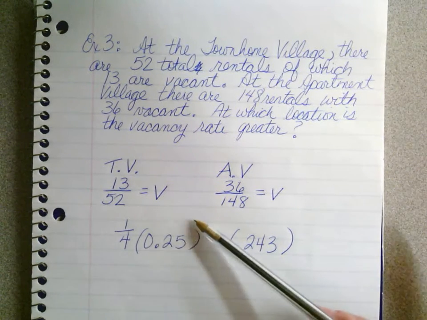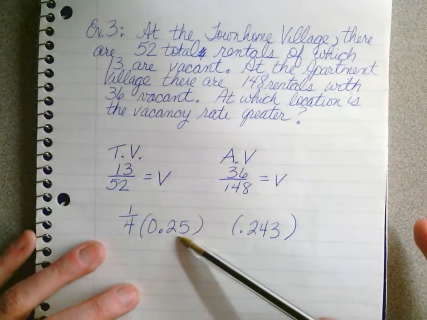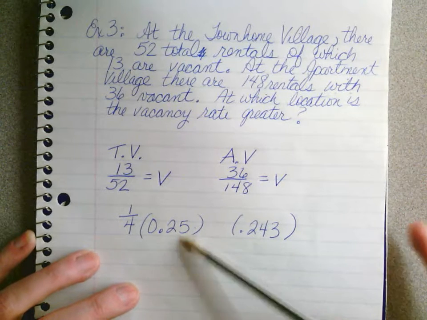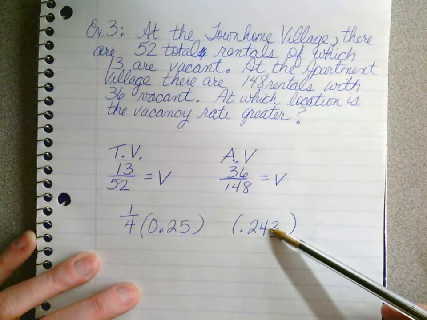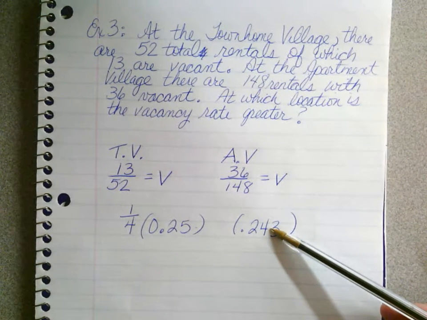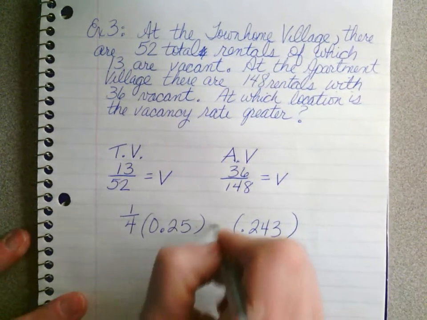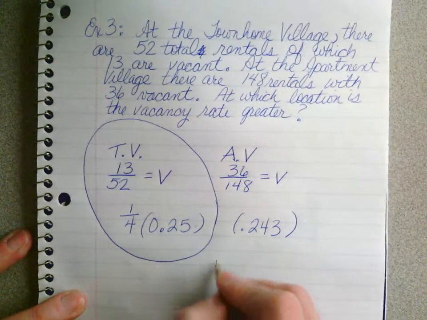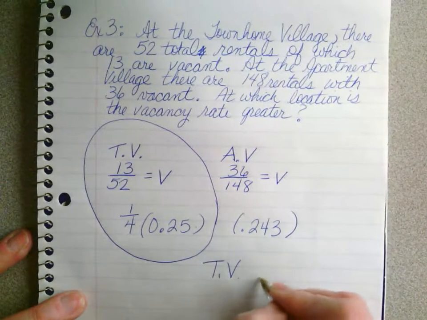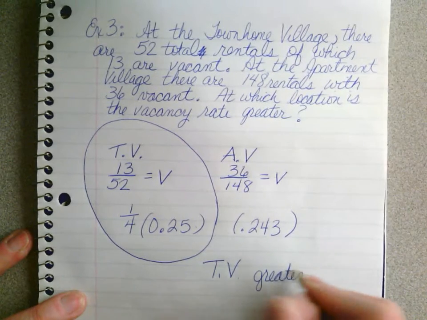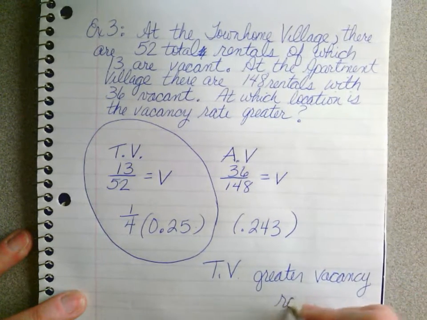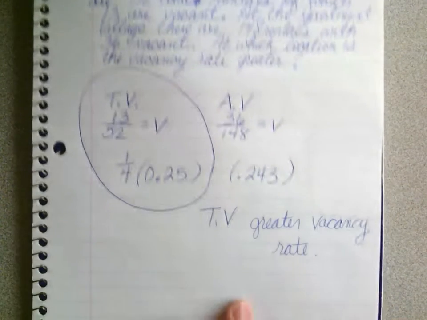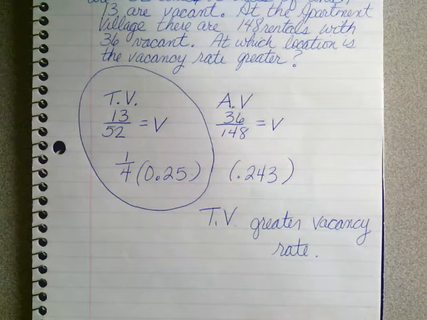So it looks like at Townhome Village, they're about 25% vacant. And at Apartment Village, they're a little bit less. So it looks to me like TV has a greater vacancy rate. Unfortunately, Townhome Village has a greater vacancy rate.